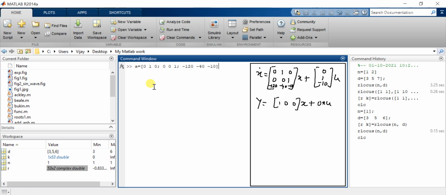This will be stored in A. Now take B matrix equal to 0 for the first row, then in the second row it is 1, then it is -10.